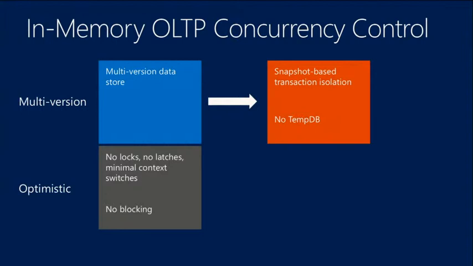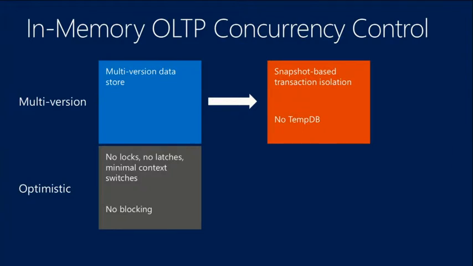Then the transaction semantics on memory optimized tables is optimistic. So the tendency here is that we always assume that operations will succeed. You always assume that a transaction is going to commit, because in all likelihood it is. If it fails at some point, okay, then you deal with the failure.